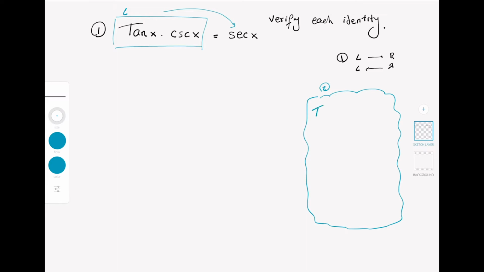We know that tangent of alpha equal to sine alpha over cosine alpha. Cotangent of alpha is cosine alpha over sine alpha. Cosecant of alpha equal to 1 over sine alpha, and secant of alpha equal to 1 over cosine of alpha, and sine square alpha plus cosine square alpha equal to 1.